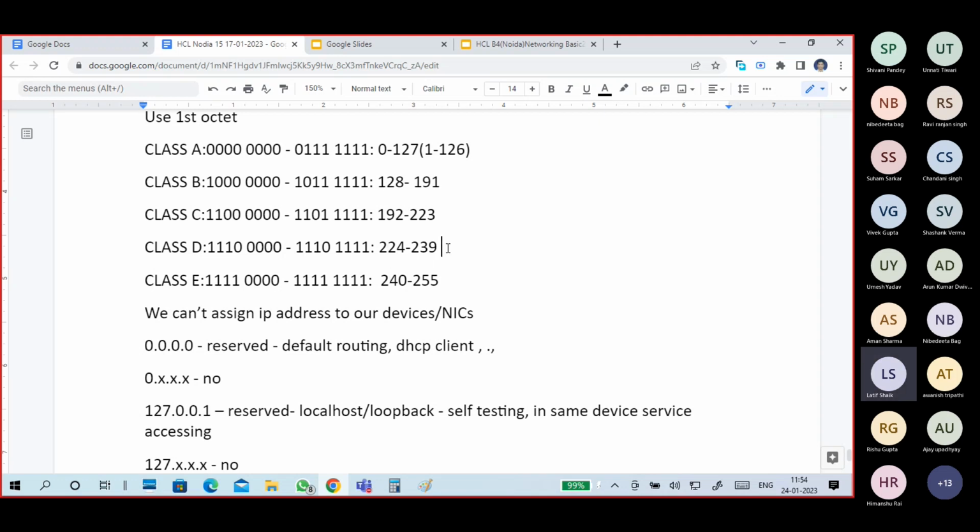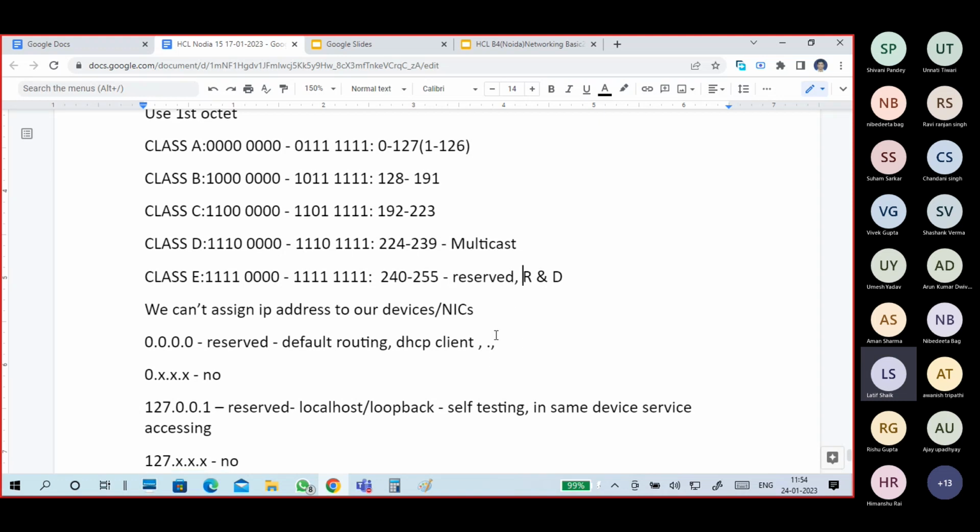And why should we not use class D? Because it's a multicast address. Class D is multicast address. And class E is reserved for R&D, for research purposes.